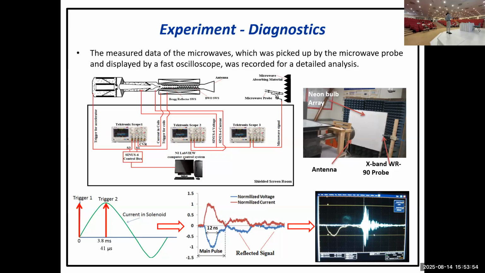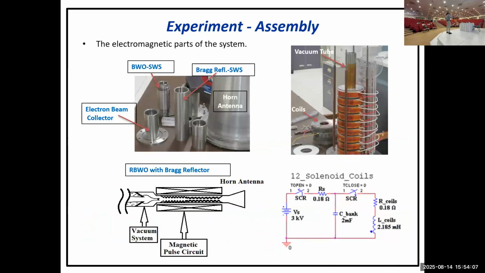Now if you run the experiment, you need to send the first pulse to the magnetic circuit. The magnetic circuit will be discharged into these solenoid coils. This is a simplified version, of course.